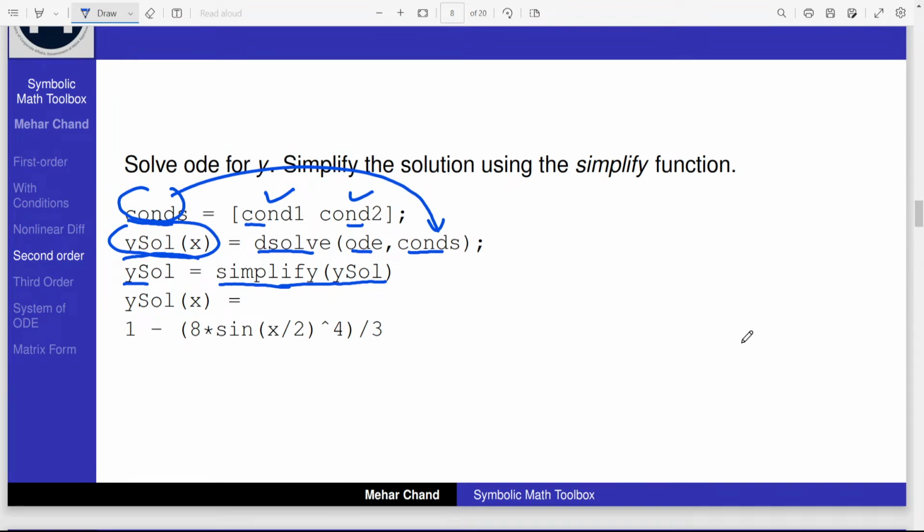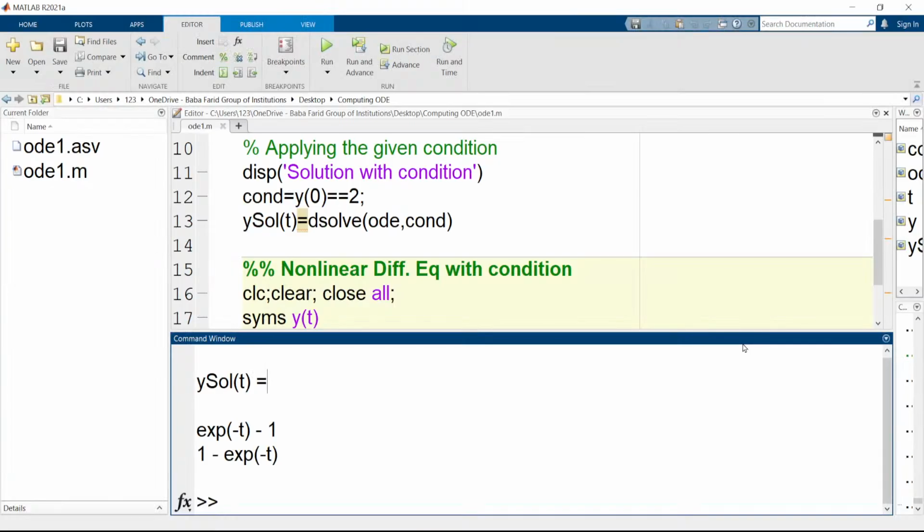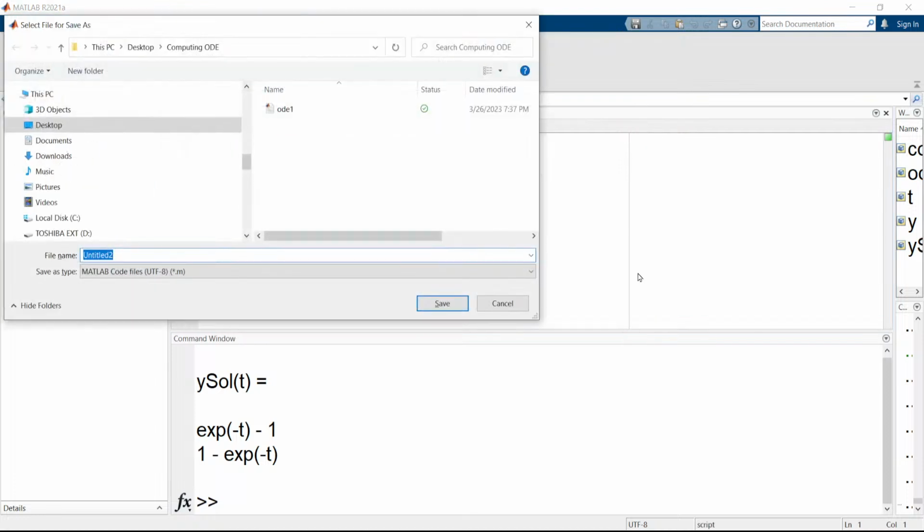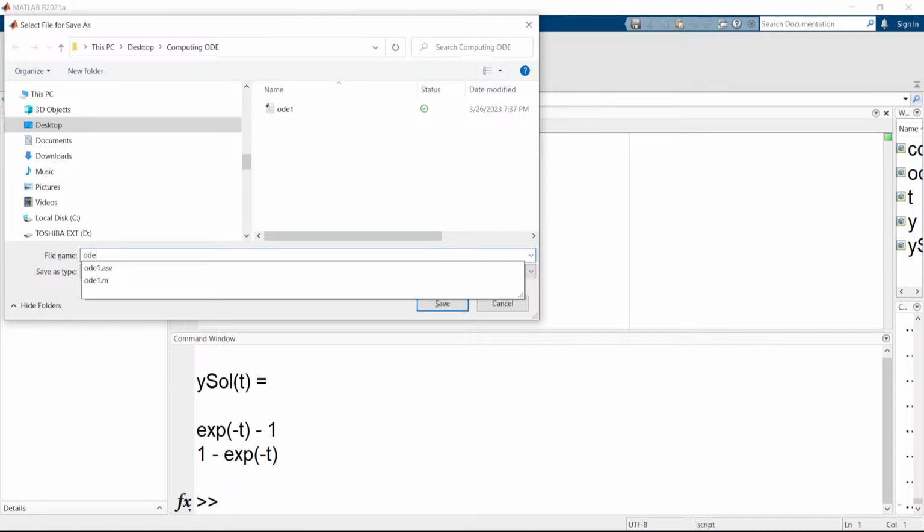Now we are creating a new file, Control N, and save it, Control S. This is the ODE2.